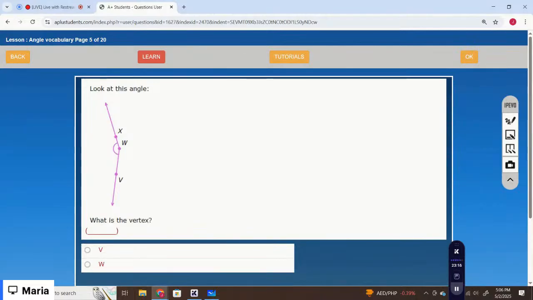Look at this angle. What is the vertex? Option number 2 is the correct option. That is W.